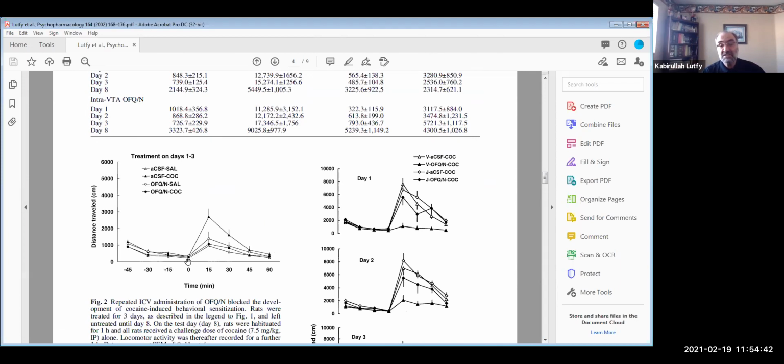The animals received vehicle followed by saline. You see that this is a lower dose of cocaine, by the way, compared to day one. Day one is 15 milligram, here is 7.5, half of the dose. You can see that this dose produces a nice increase in locomotor activity.